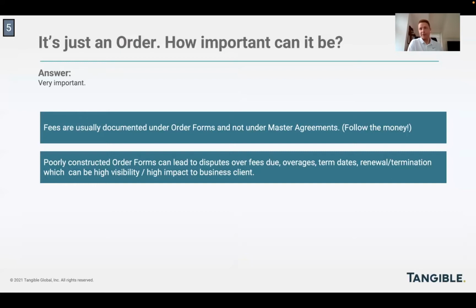So while you might have a master agreement with complex legal terms that's many, many pages longer than an order form, a mistake in an order is more likely to become visible to your business clients. So for that reason alone, they deserve plenty of consideration, as we'll discuss further in our presentation today.